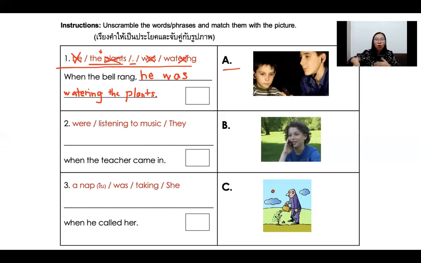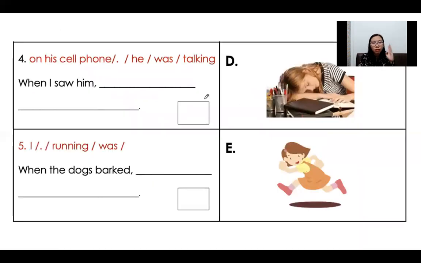Watering the plants is letter C. All right, so letter C. Very easy. So you just have to answer number 2, number 3, number 4, and number 5.